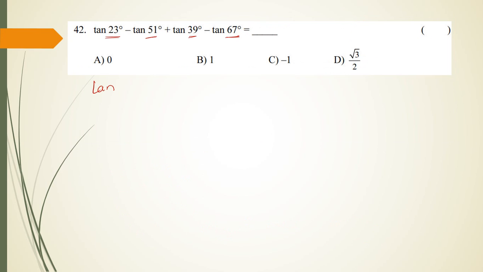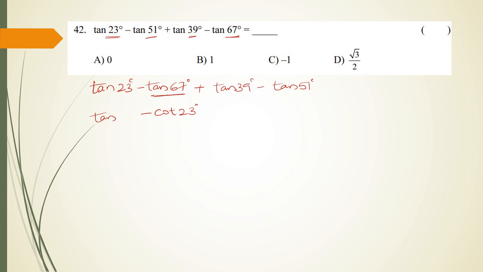Now this I can write as tan 23 degrees minus tan 67 degrees plus tan 39 degrees minus tan 51 degrees. Now tan 67 I can write as cot 23 degrees.